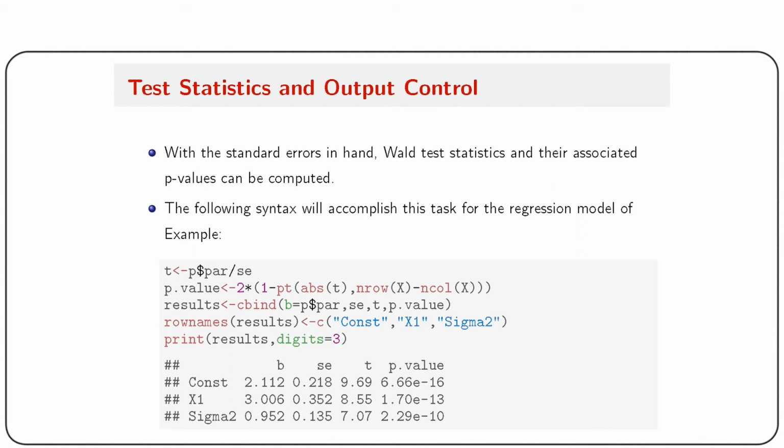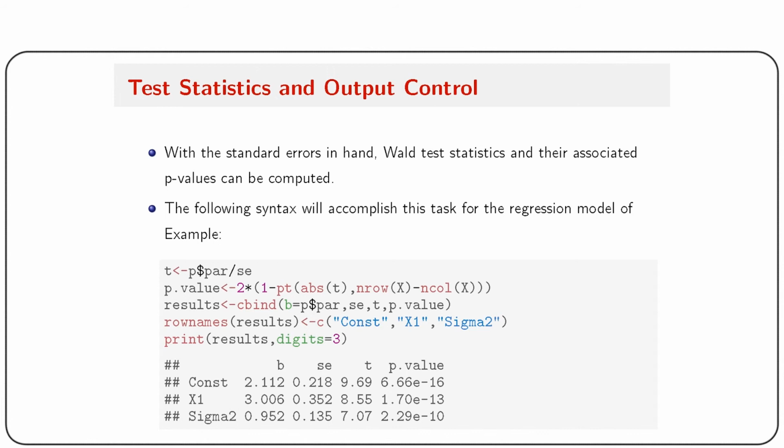Now you can calculate the p value by pt, the t distribution: 2 times 1 minus pt of the absolute value of t, with the degrees of freedom equal to nrow of x minus ncol of x, that is n minus 2, n minus 3 actually, sorry.